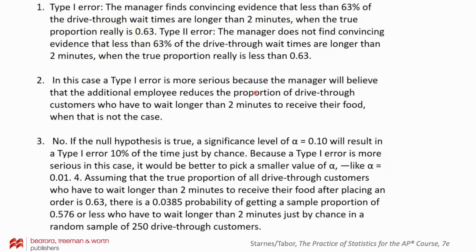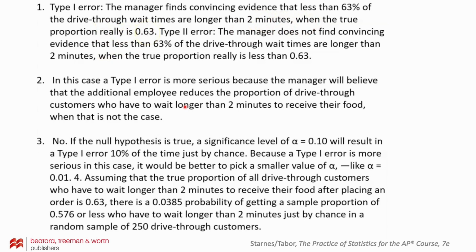In this case, a type 1 error is more serious because the manager will believe that the additional employees reduce the proportion of customers who have to wait longer than 2 minutes to receive their food, when that's not the case. So here, a type 1 error would be a little bit worse.